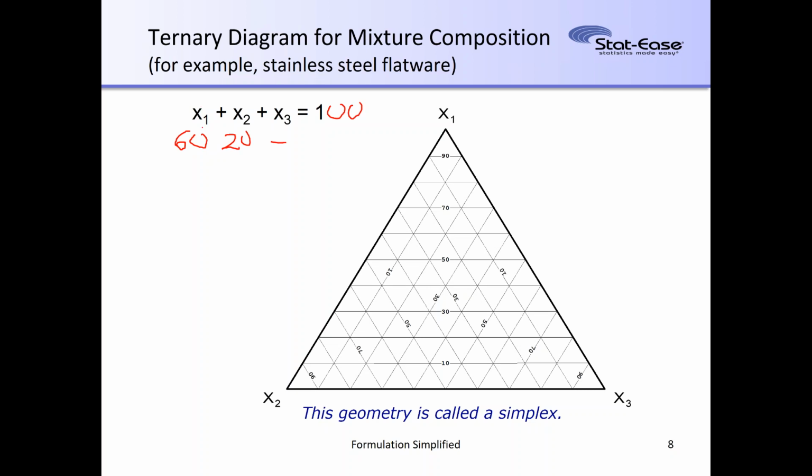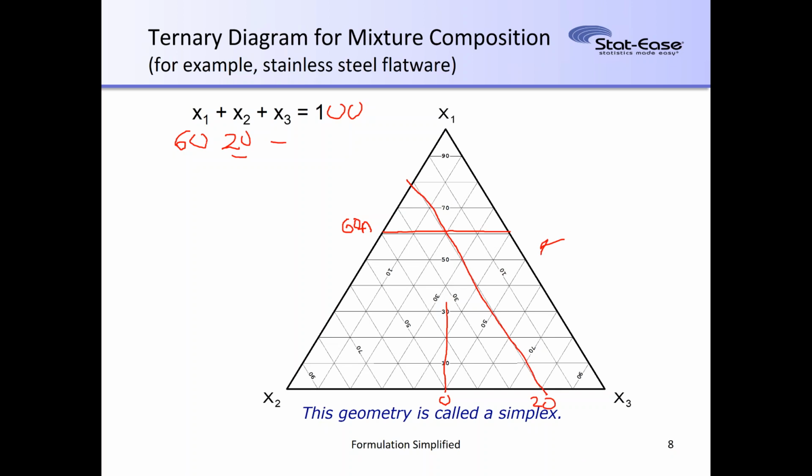So for example, in this case, at 60, I'm going to go from the bottom and I'm going to go up till I get to the 60% line and cut across on that, and that'll be the 60 of A. Then I'm going to turn my attention to the right side and I'm going to look for this direction going 10, 20%, and there's actually another line here, which is the 20% of X2.